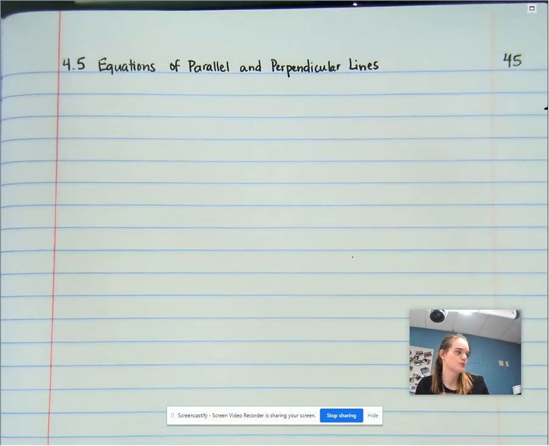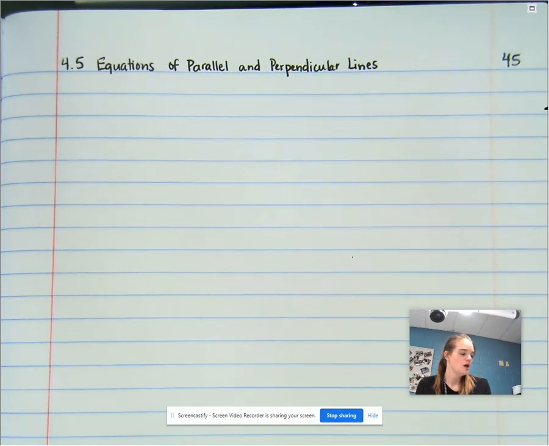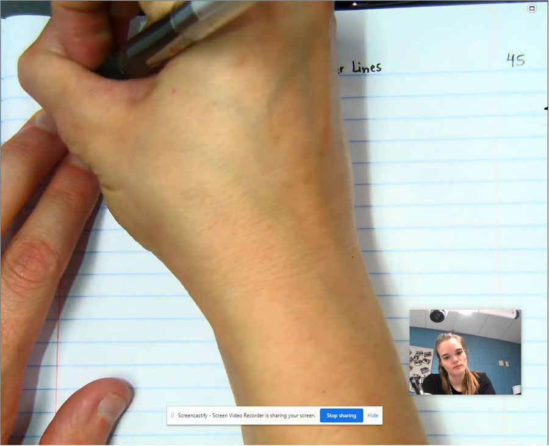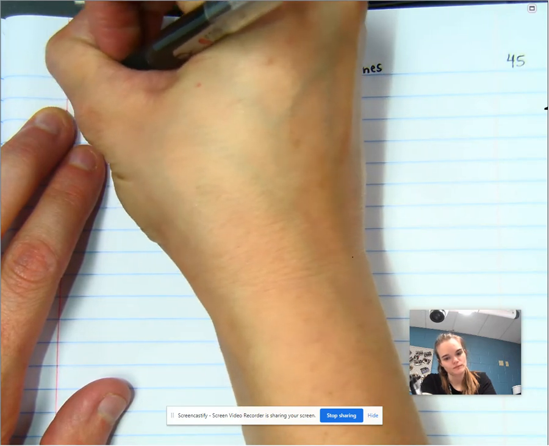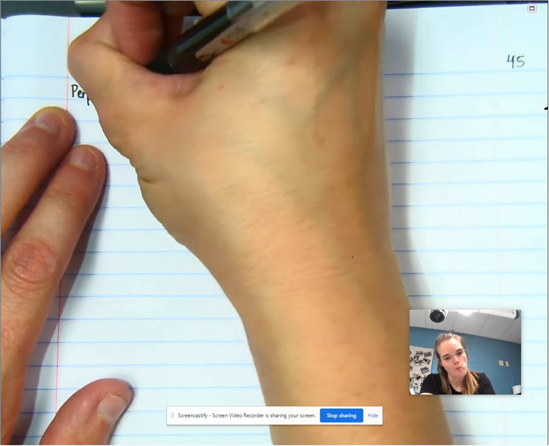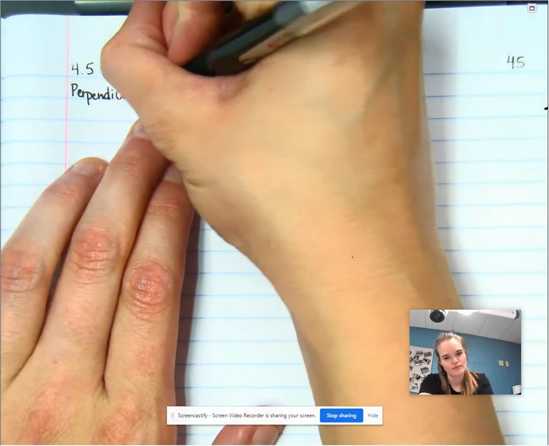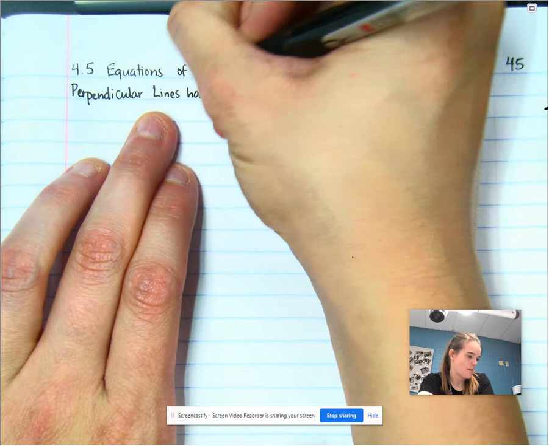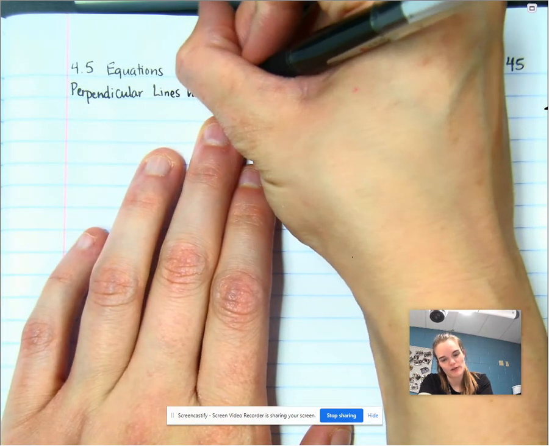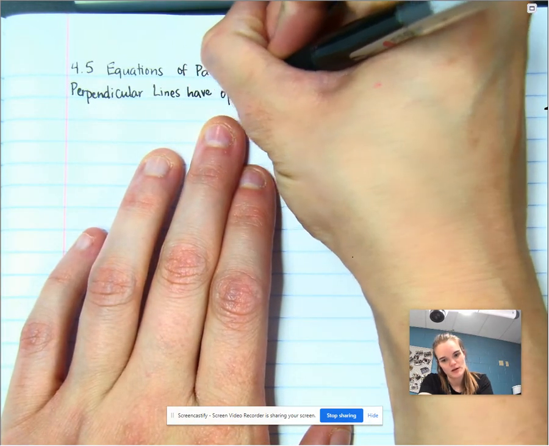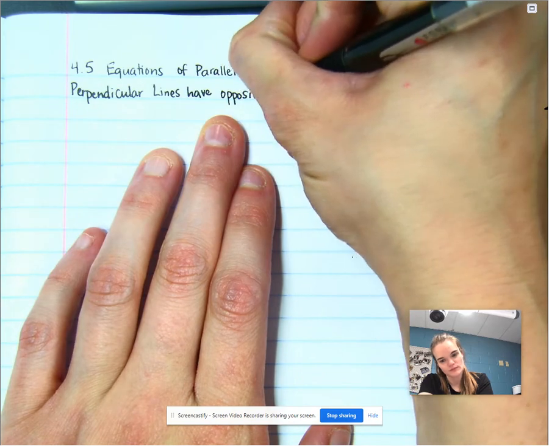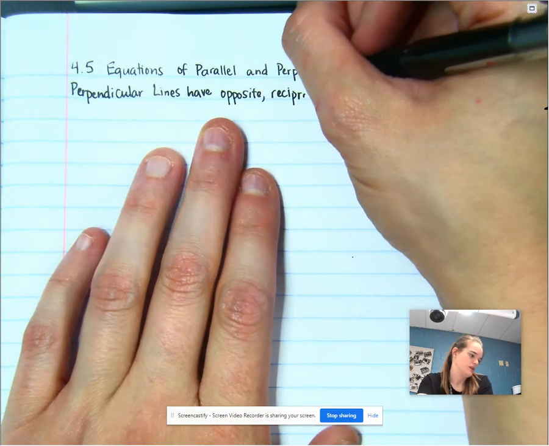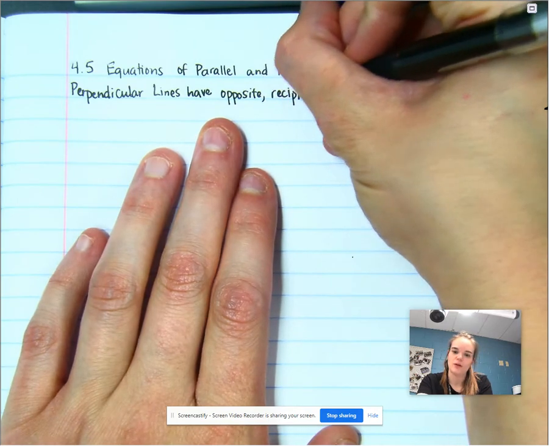Okay, so let's talk about the relationship of perpendicular lines. So perpendicular lines have opposite reciprocal slope. We're going to talk about what that means, obviously. We kind of talked about that some when we were doing reflections.